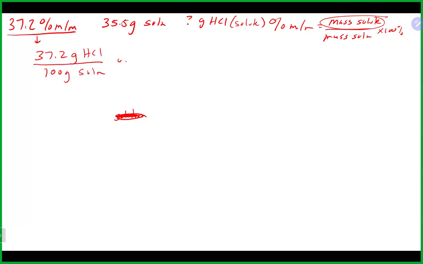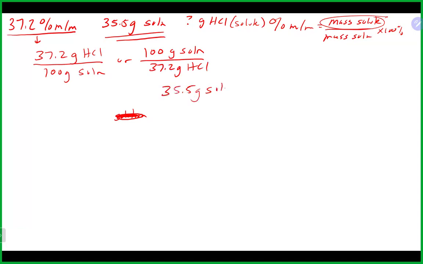Once again, I could flip it around and put it up on top and use it as a conversion factor in this form. 100 grams of solution is 37.2 grams of HCl. Since I know my mass of my solution, I could just go dimensional analysis here, 35.5 grams of solution. I've got to go opposite to cancel. So again, without even thinking about the formula, I don't have to rearrange it.